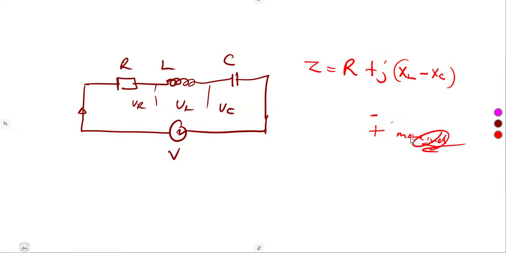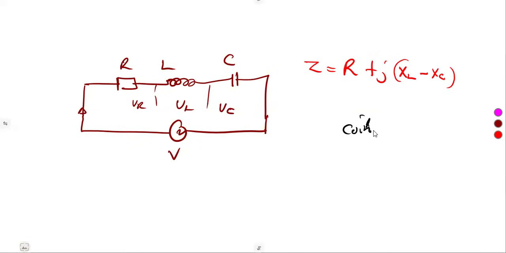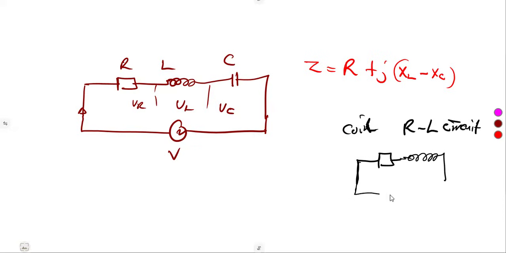And take note when they give you a condition of a coil. A coil consists of a resistor and an inductor. So that's where we must have an RL circuit. That's the condition when you are dealing with a coil. All right, let's just have this like this. So this is what you're going to have, guys.